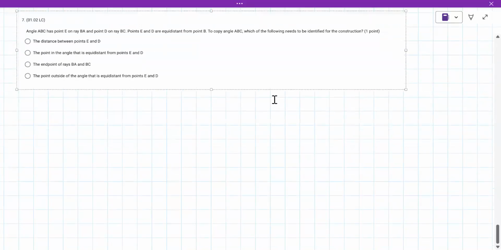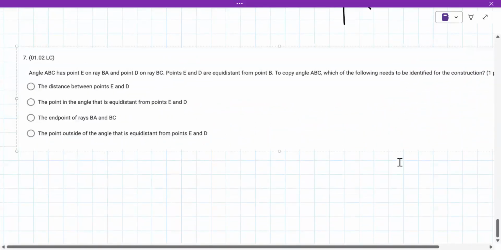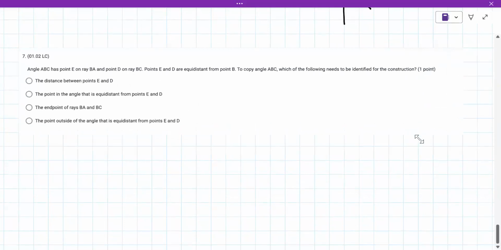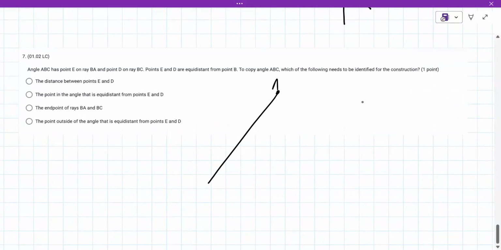Here we go. Angle ABC. Oops, I made that too large here. All right, so angle ABC. So I'll just go, okay, there's A, B, and C. And you might wonder, well, how do you know what to draw? I don't. I'm just gonna take an attempt here. Has point E on ray BA.